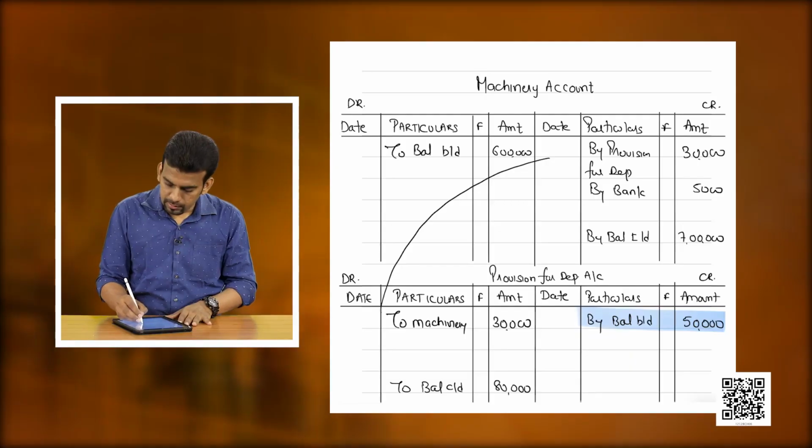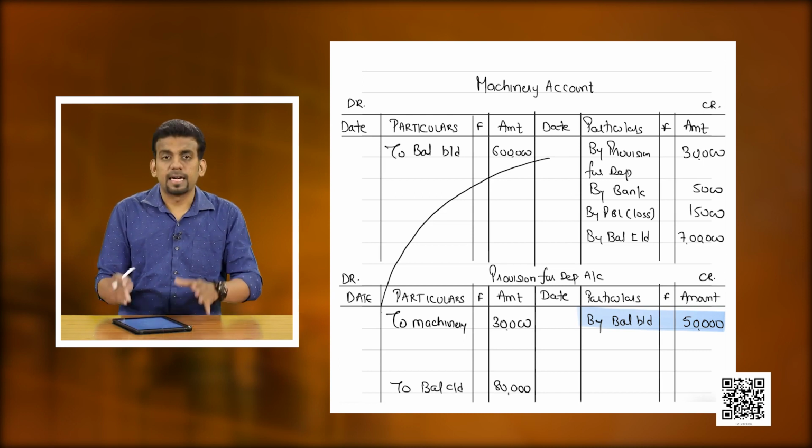Rupees 50,000 machine, 30,000 depreciation, book value is 20,000 and you sold it for 5,000. That means the remaining is loss, that is 15,000, and this is how we make the machine account.